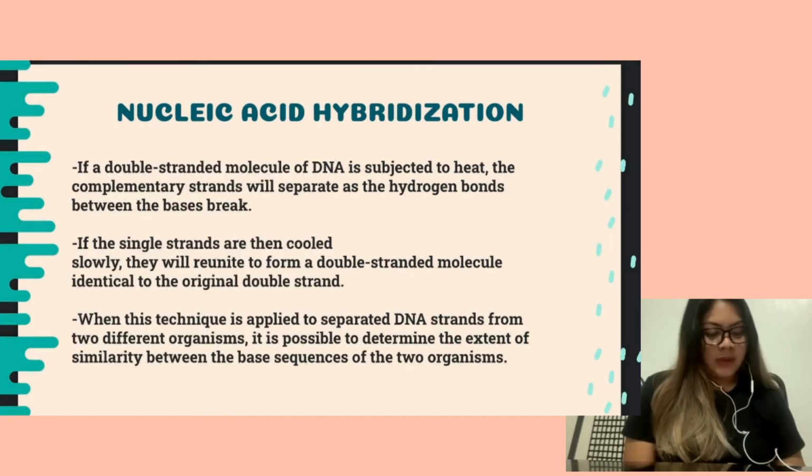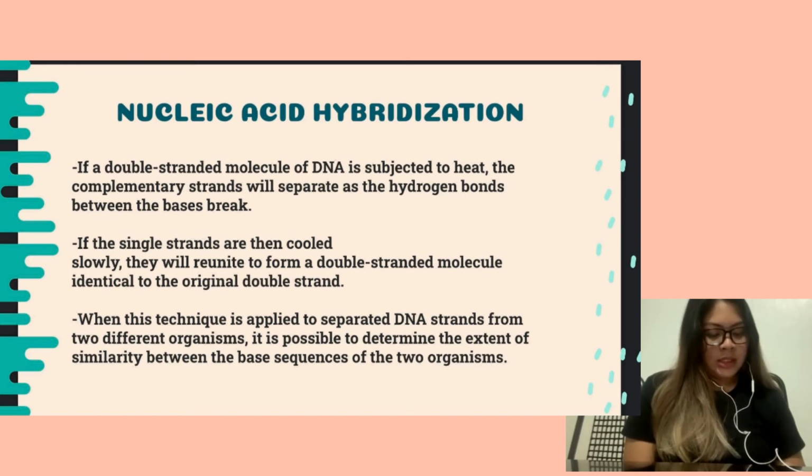Next, if a double-stranded molecule of DNA is subjected to heat, the complementary strands will separate as the hydrogen bonds between the bases break. If the single strands are then cooled slowly, they will reunite to form a double-stranded molecule identical to the original double strand.